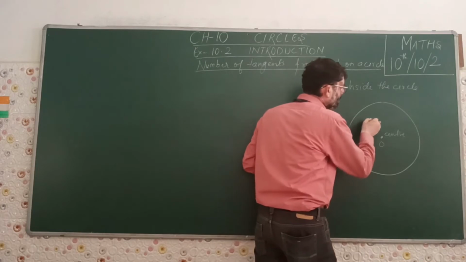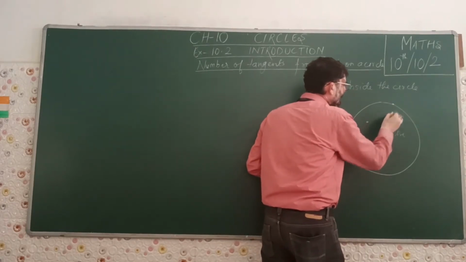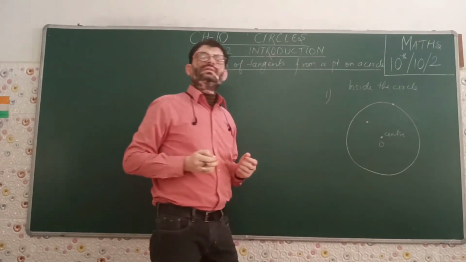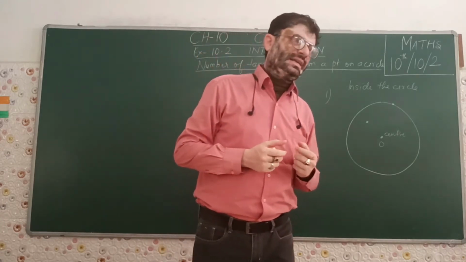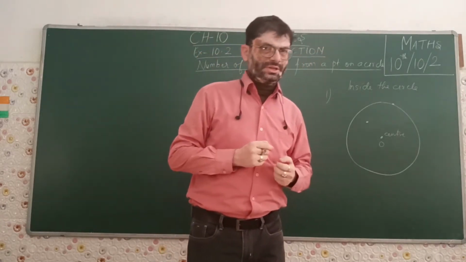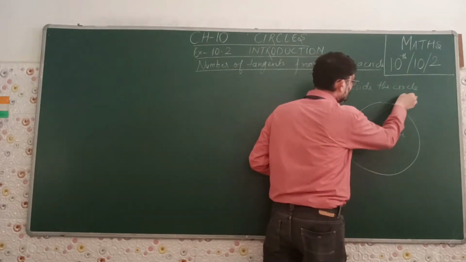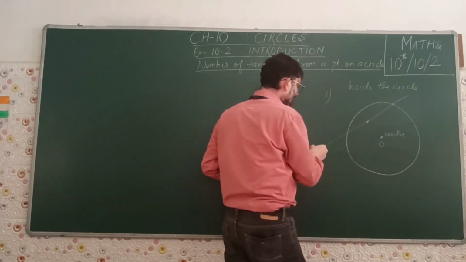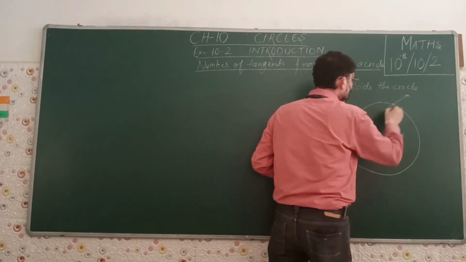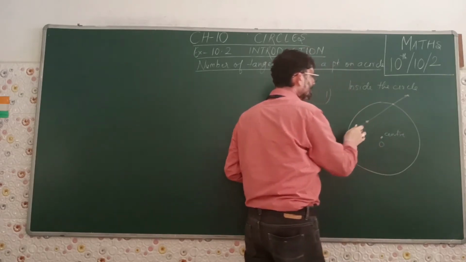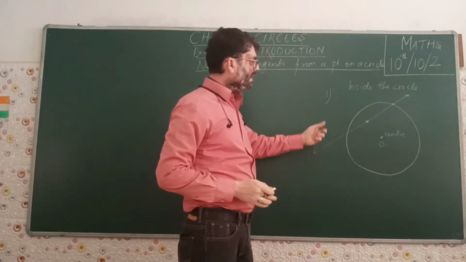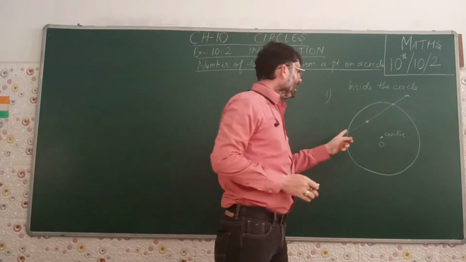From this point, suppose tangent is a line that touches only one point of a circle. Suppose from this point we draw a line this way. It should be extended this way also. That means the line passing through this point intersects the circle at 2 points.